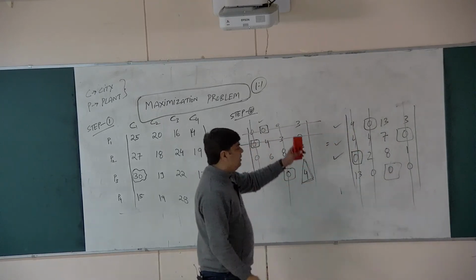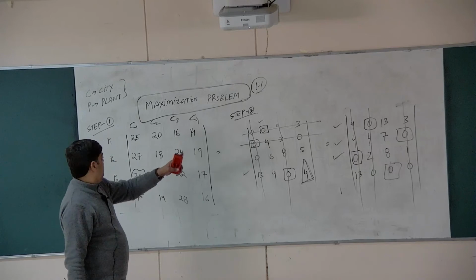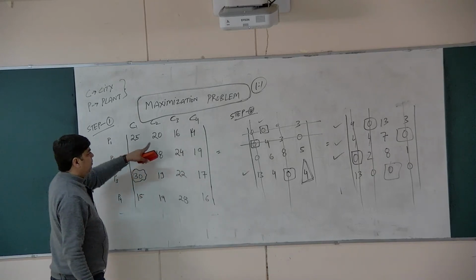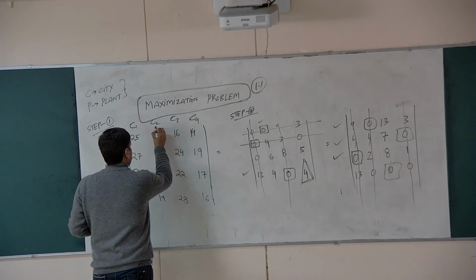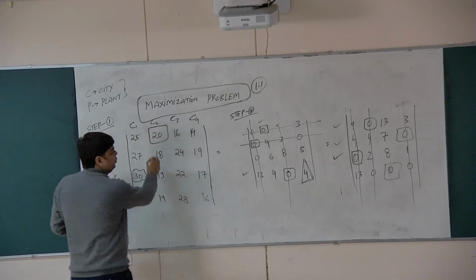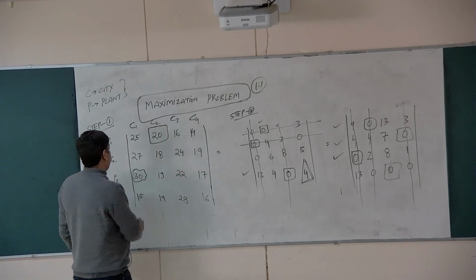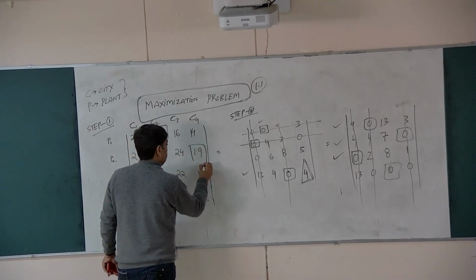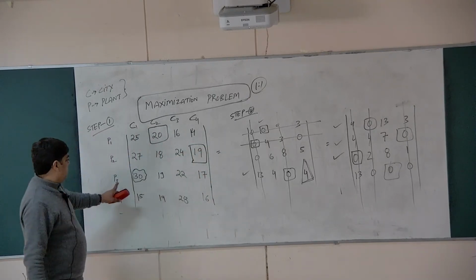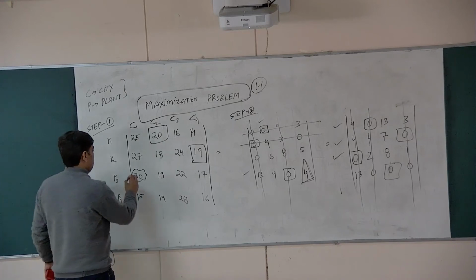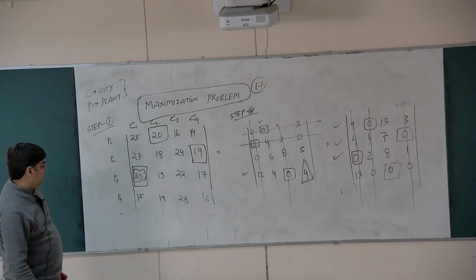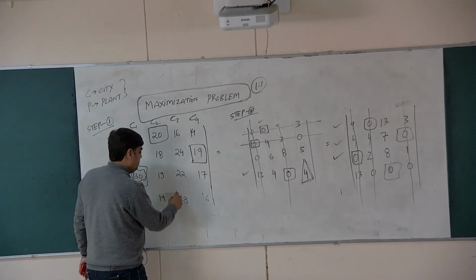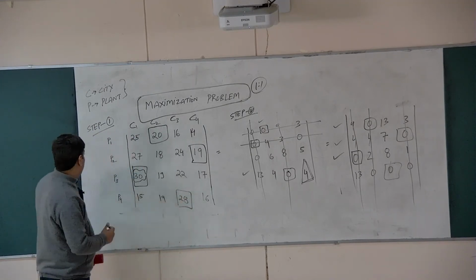So what is the assignment? P1 C2, P2 C4, P3 C1 and P4 C3. Now you add all these values.